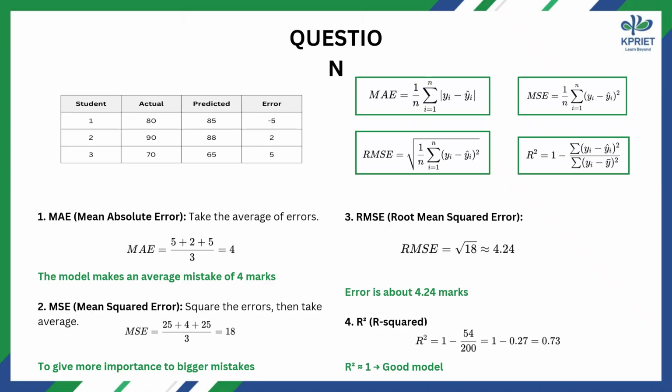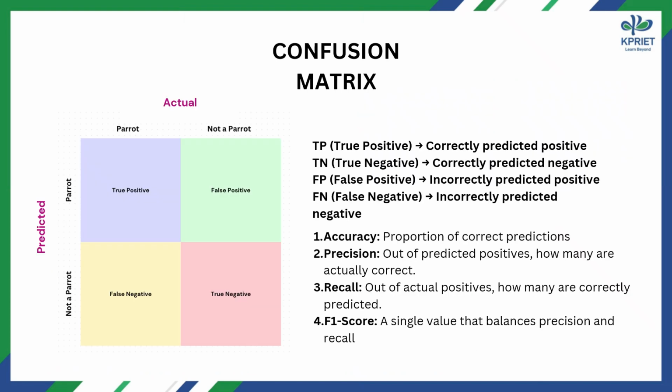As a result of this, I am getting 4.24. Now R squared error is computed as 1 minus 54 divided by 200, which is equal to 1 minus 0.27, which is equal to 0.73. This is nothing but the direct substitution of values. You can expect these types of problems in your semester examinations.